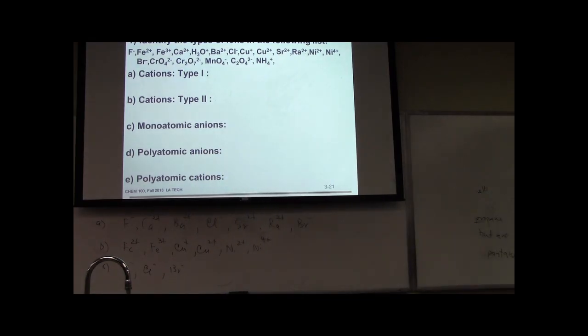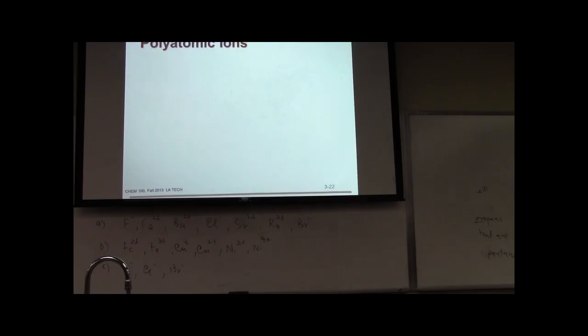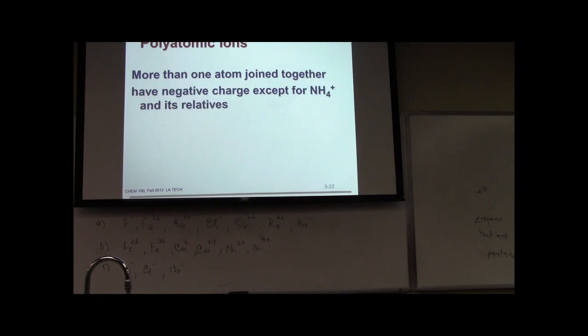You should be able to find these individually, separately, as a collection, all right? Polyatomic is more than one atom, but there's a charge, a negative charge, except for ammonium ion and the hydronium ion.